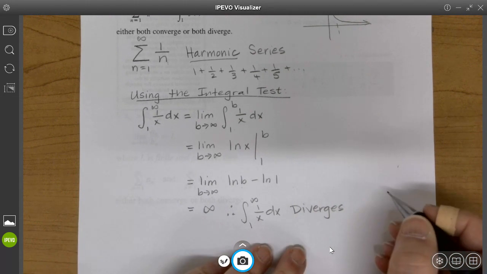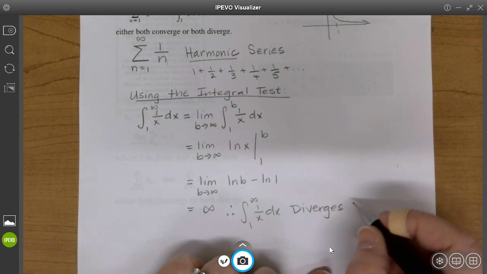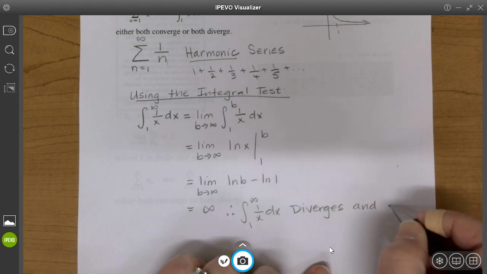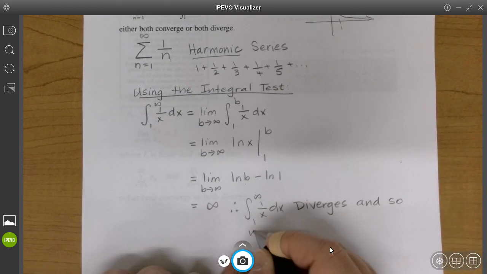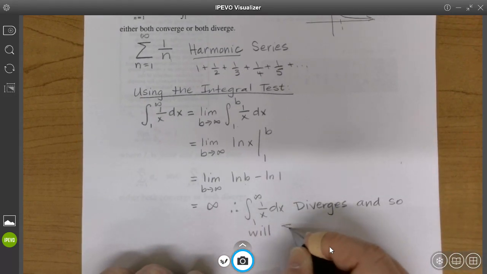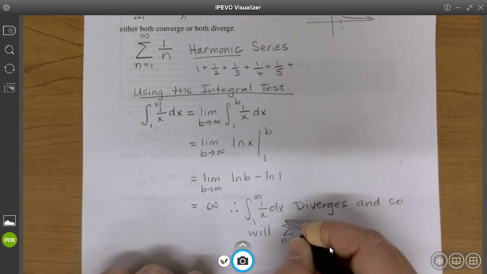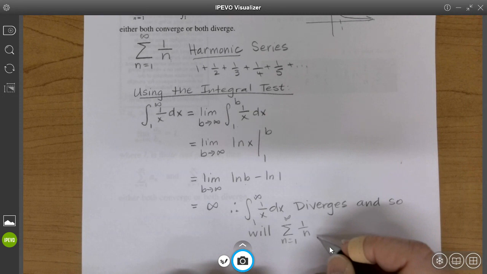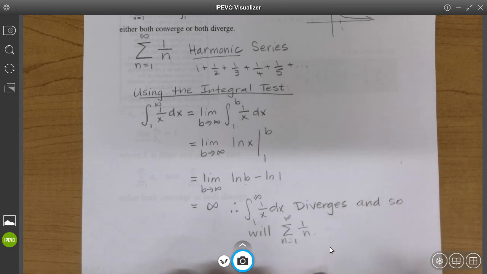If it diverges, then what also is true? Well, the series will also diverge. So we can say, and so will the sum from n equal 1 to infinity of 1 over n by the integral test, right?